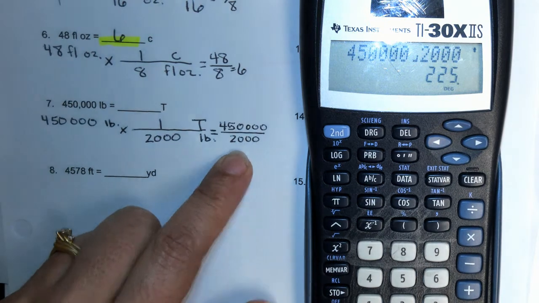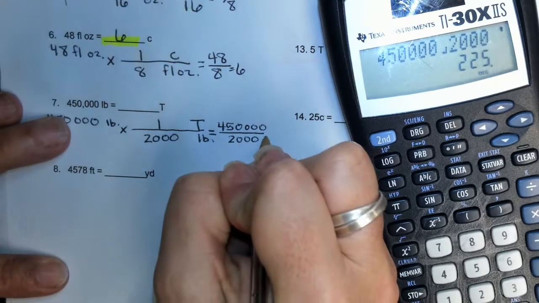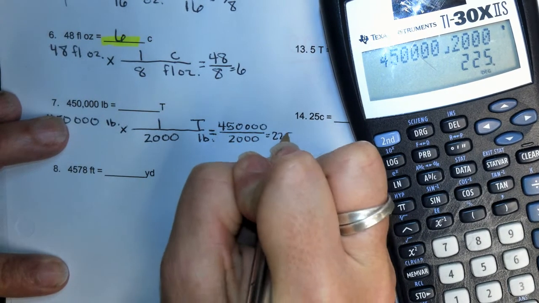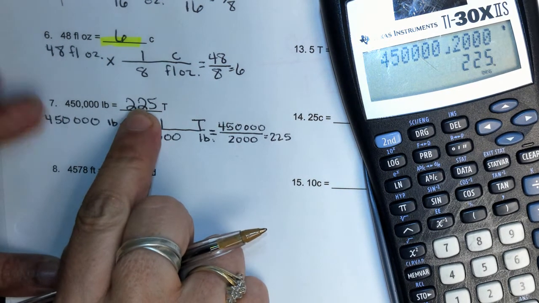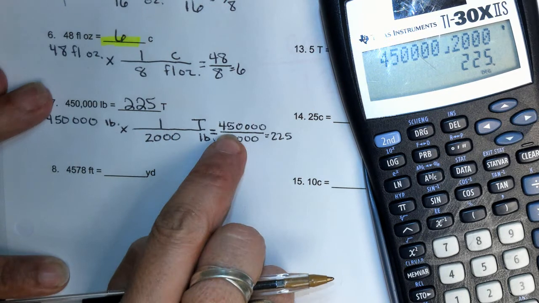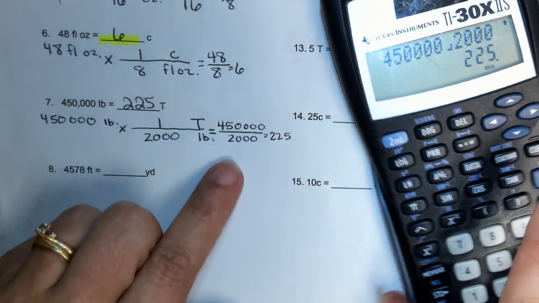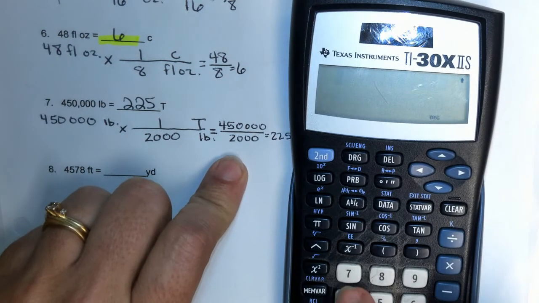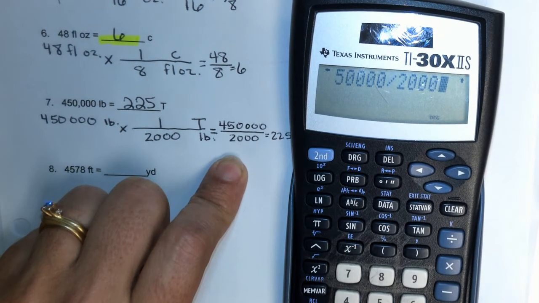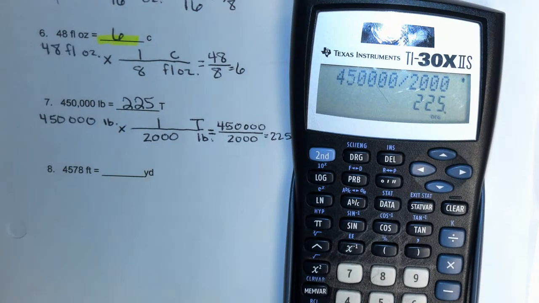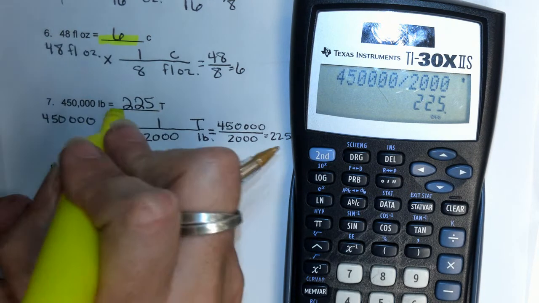It's 225. You don't really think of it being that small because you're working with that big a number, but if you're wondering if you're right, you could always divide by 2,000 and make sure it comes out even. You should get the same answer if it's an even number.